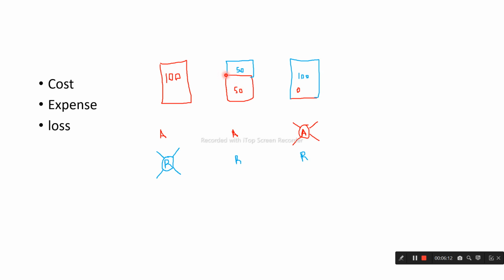However, there is $50 worth of cost or asset this time. However, if the battery is completely destroyed due to some accident or any other thing that might bring loss, at this time the asset is completely turned to zero.